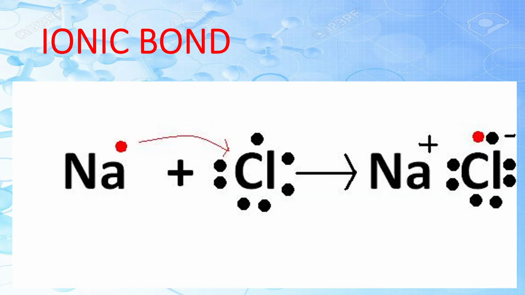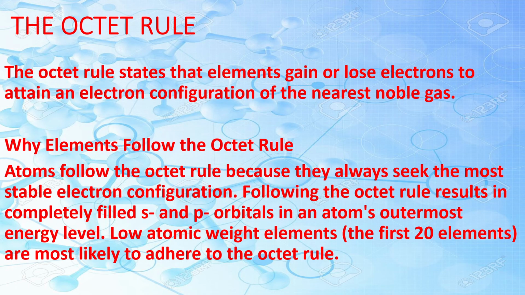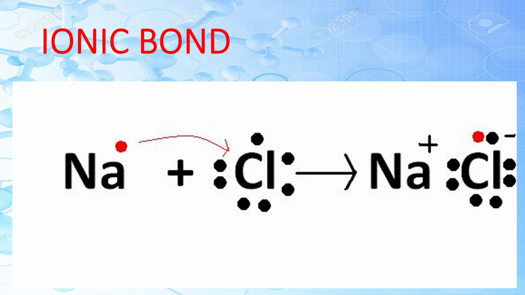Now, let's proceed to the example of ionic bond. So we have here the sodium and the chlorine. Now this sodium has one valence electron, and the chlorine has 7 electrons. As we've said a while ago, we have to follow the octet rule to become stable. Now this metal loses an electron.